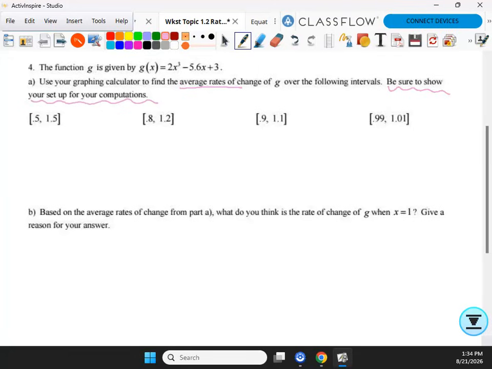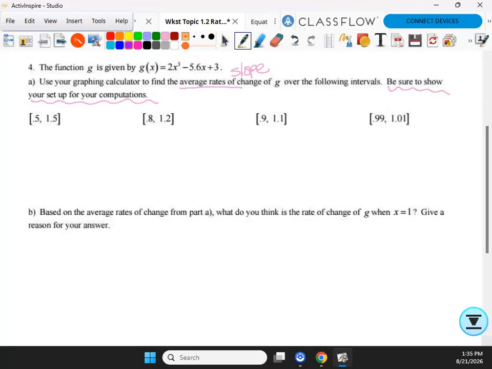So yesterday we talked about function notation some, and I showed you how to set things up. And so when we're going to go do average, what does average rate of change mean? Slope. Yeah, it's slope, right? And so we know that it's the change in y over the change in x, and we need to write it in function notation.